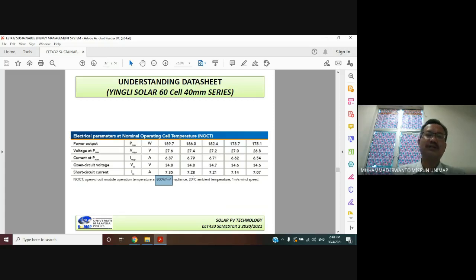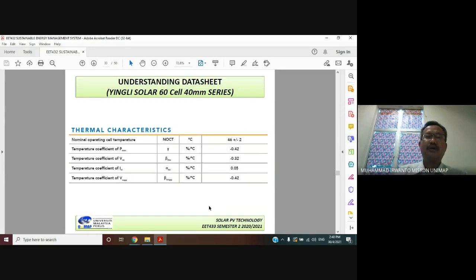Now we can obtain the power output, voltage at maximum power, current at maximum power, open circuit voltage, and short circuit current. Remember, this is tested at 800 watt per meter squared and 20 degrees Celsius. Okay, when we observe based on NOCT, we can refer to what we call the temperature coefficient.